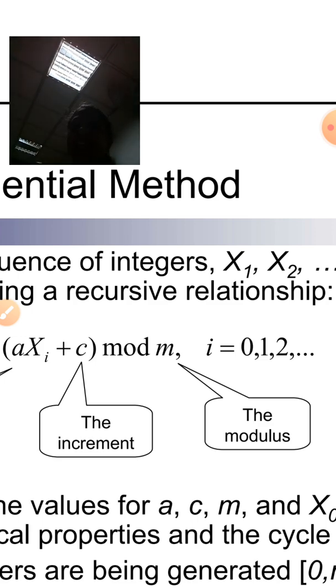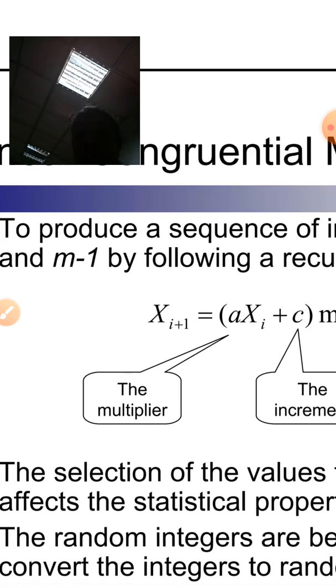So the random numbers can be generated for i, where xi is the given expression. The i can be 0, 1, 2 and so on.